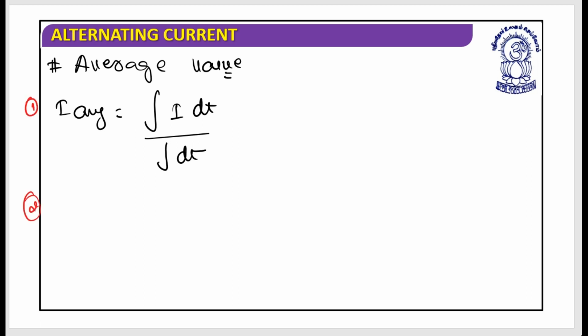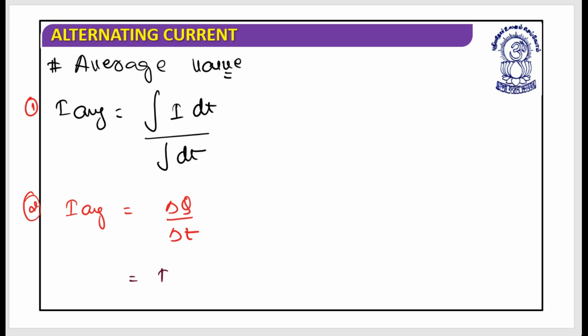Second option, I average is equal to delta q by delta t. Now the question is how to find the delta q.